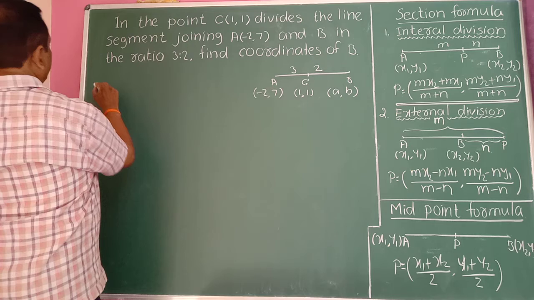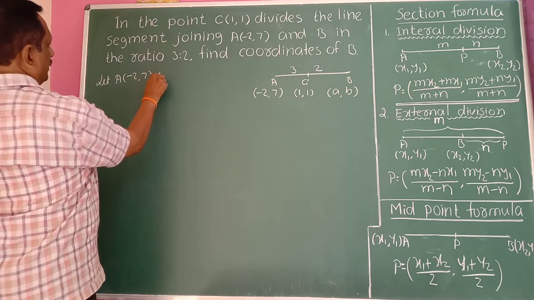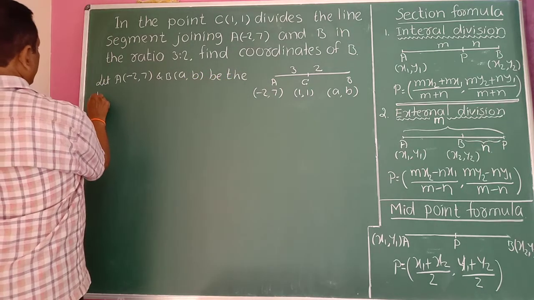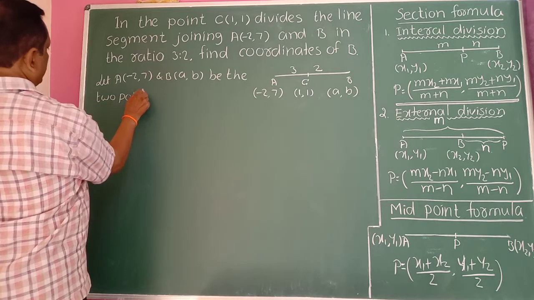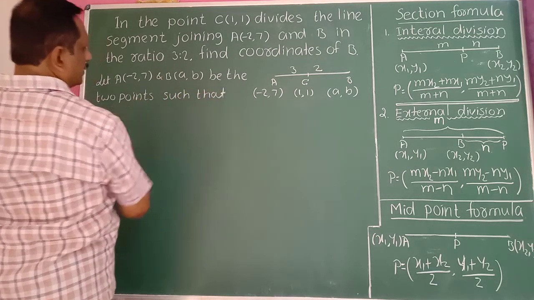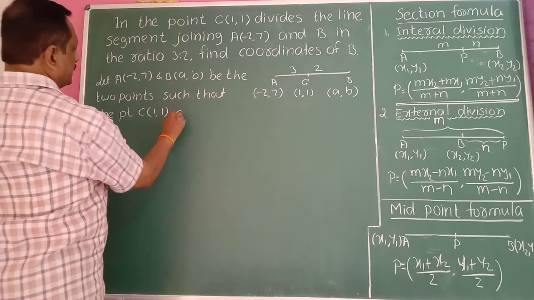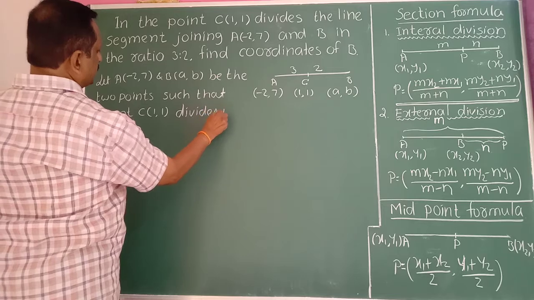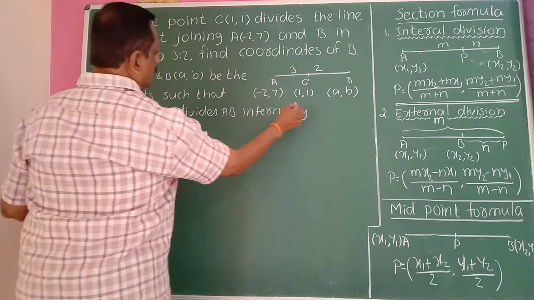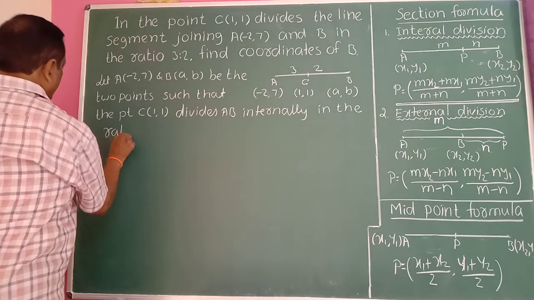Okay, therefore let A (minus 2, 7) and B (a, b) be the 2 points such that the point C (1, 1) divides AB internally in the ratio 3:2.